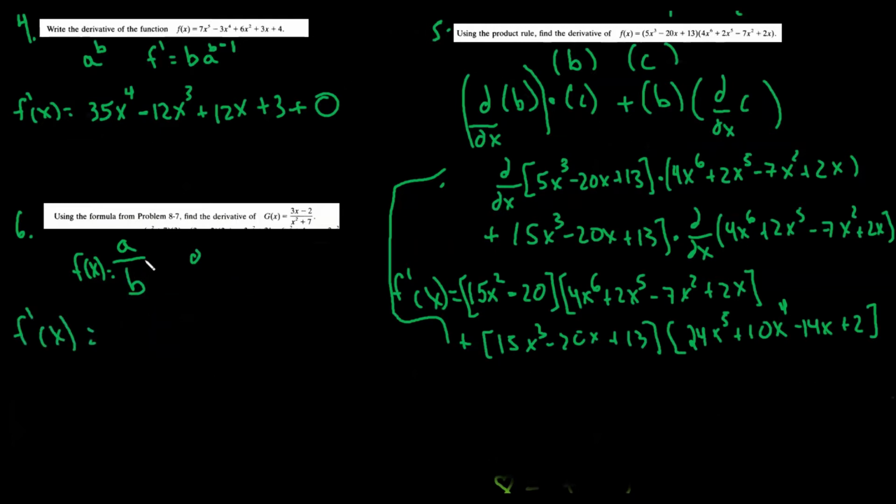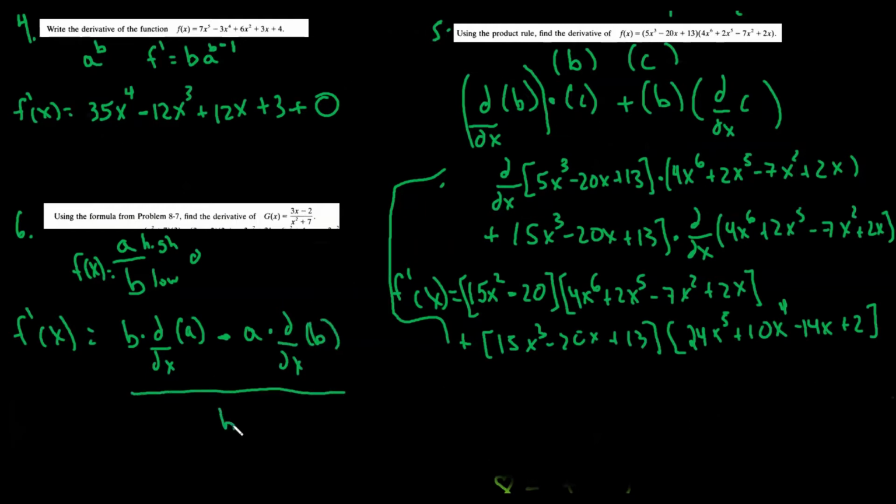Okay, so this is the top part of the function, and this is the bottom, numerator, denominator. So we'll call this low, and this high. Okay, low, d high, so you multiply, right, minus high, multiplied by d/dx of low, all over the low squared.